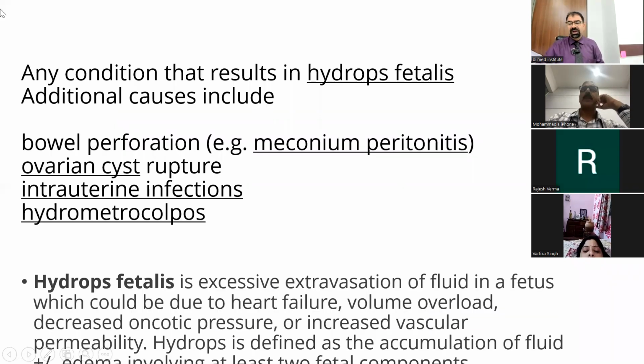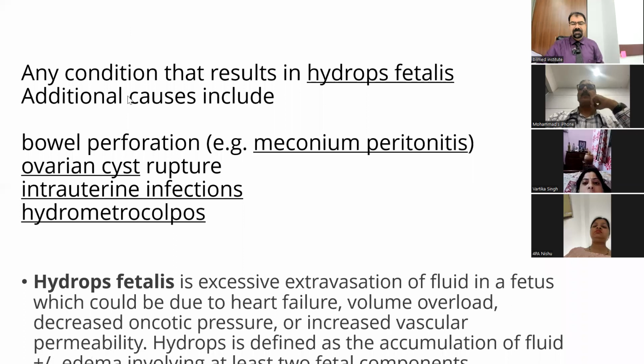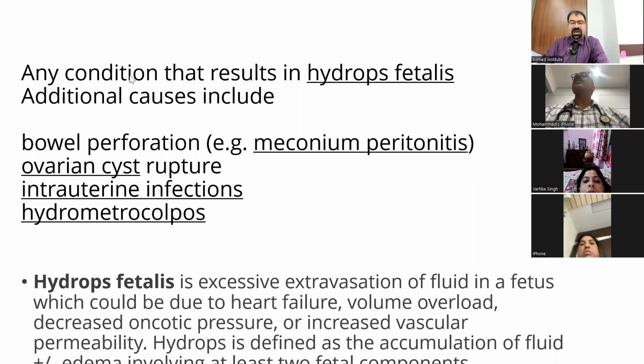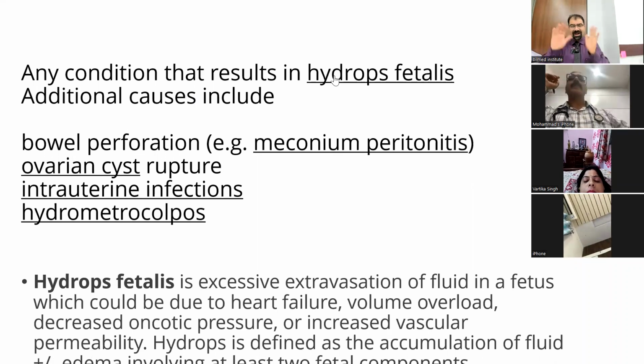Now let us see over here. I have already compiled all these things. Now see, try to understand, any condition that results in fetal hydrops can be the cause of fetal ascites. So any condition that results in hydrops fetalis. Additional causes are bowel perforation, ovarian cyst rupture, intrauterine infections.